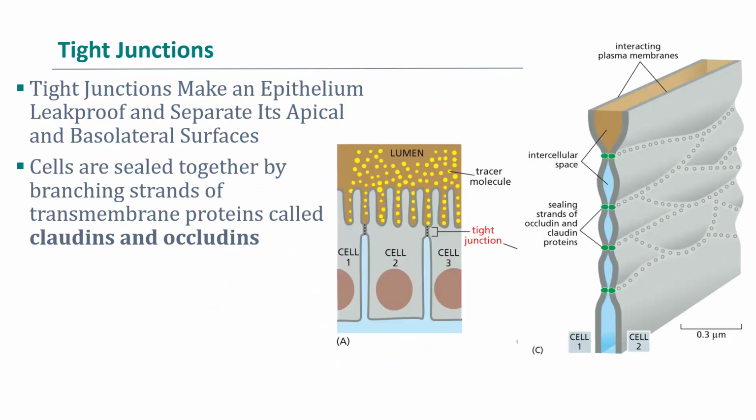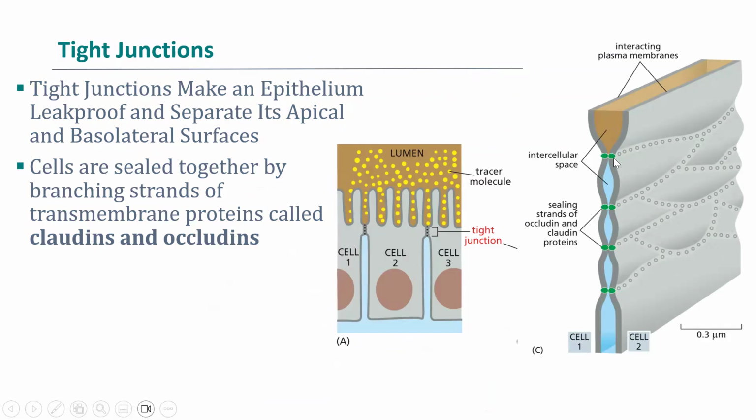So the first being our tight junctions. Tight junctions are what really help to bind that epithelial together and make it leak proof. We don't want things crossing that should not be crossing. So tight junctions make the epithelial leak proof and they separate it at both its apical and basolateral membranes.